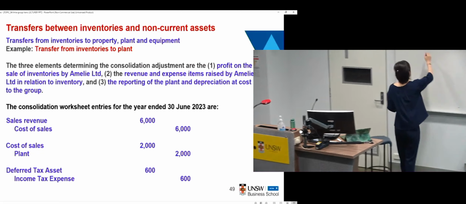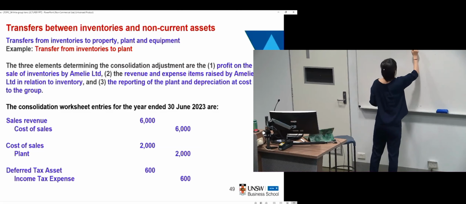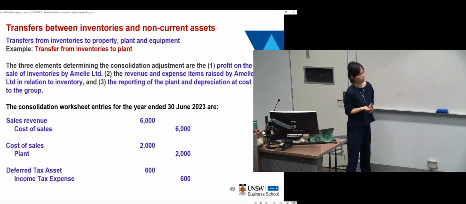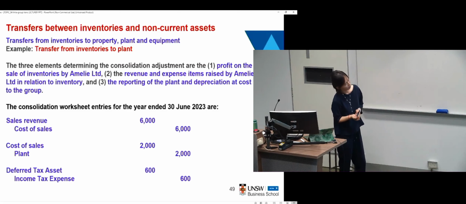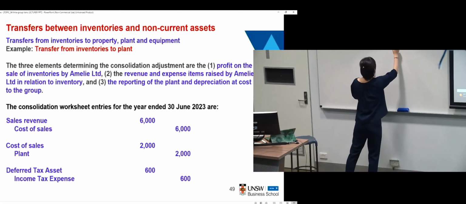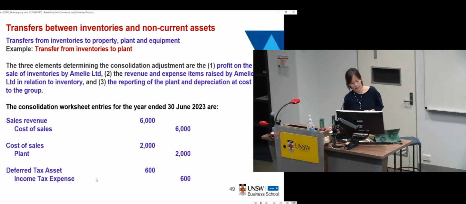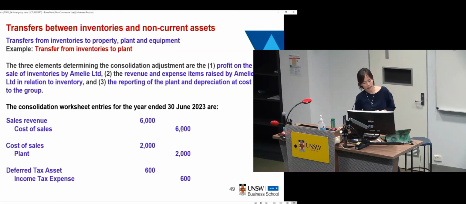So it will be a debit of retained earnings, opening balance, right, which is equal to 6,000 minus 4,000, that is 2,000 unrealized profit before tax, right? 2,000 minus income tax 600, that is 1,400.